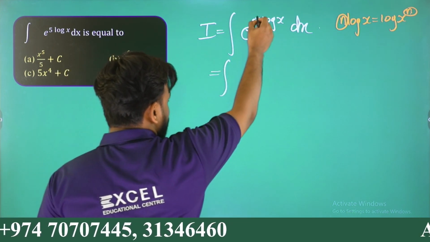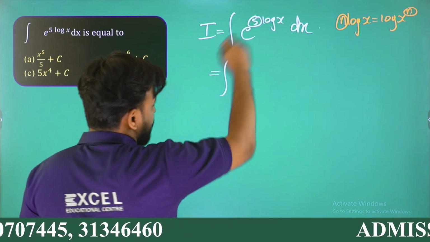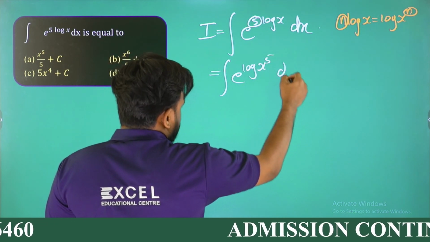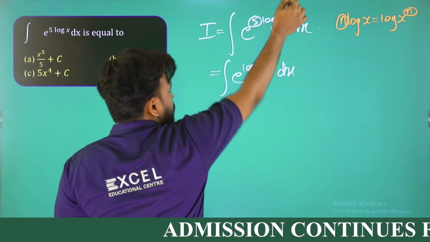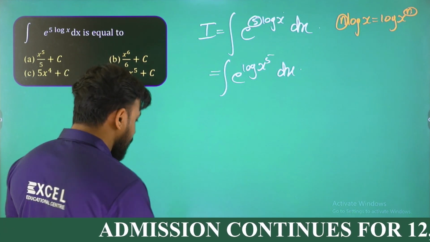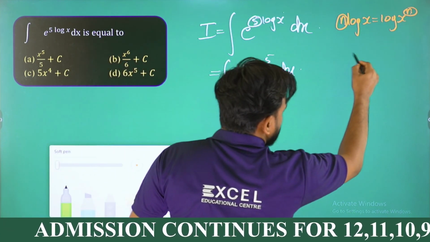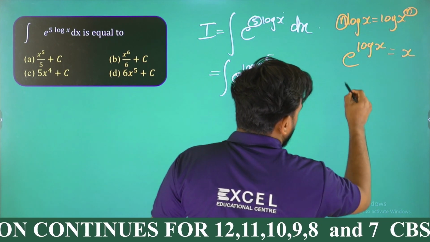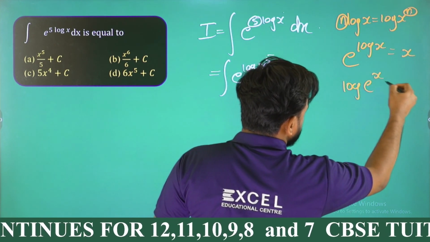Here we have a constant, so I can take that on top of that x. So I took this 5 to the top of x, and one more result, e raised to log x is equal to x. Also log of e raised to x is also x.